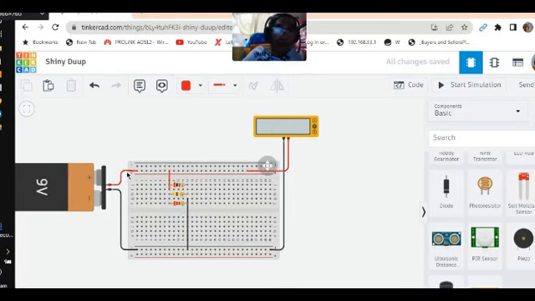And then we supplied the circuit with the positive and negative terminals of the battery, which here is 9 volts. We also connect the multimeter to get a reading of the voltage supplied in the circuit.